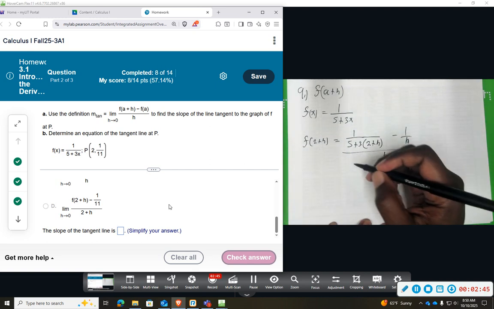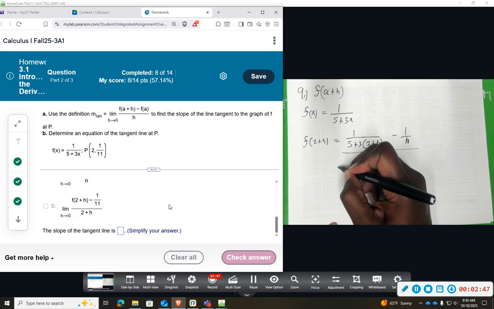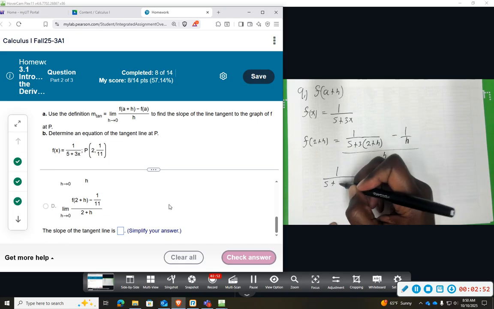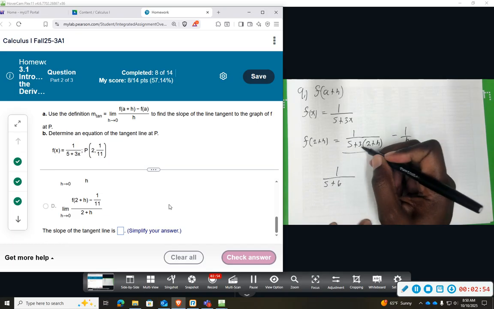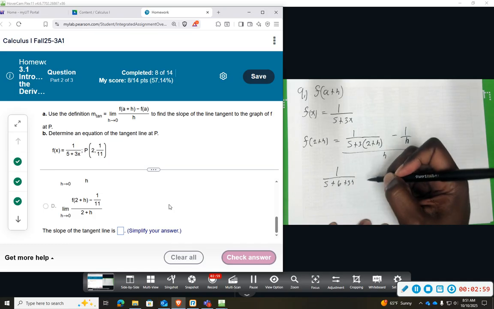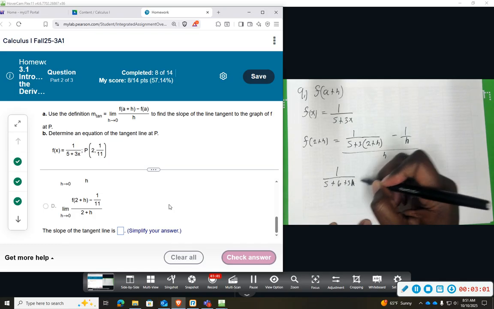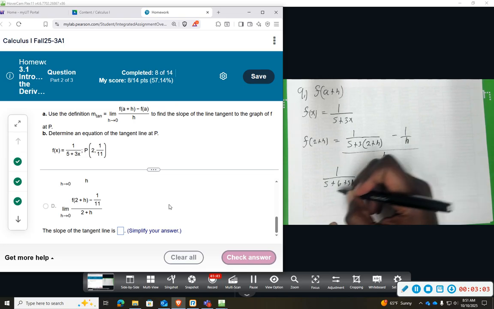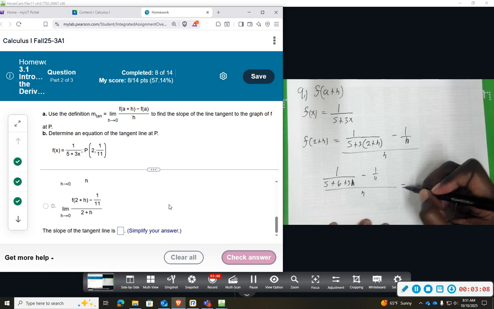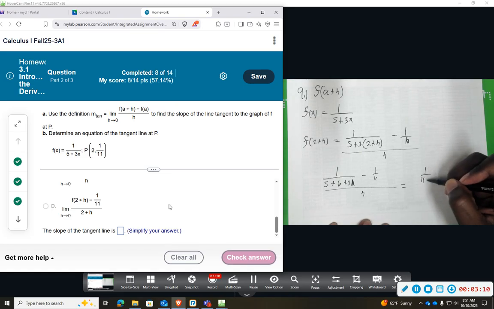So we'll distribute, and so we'll have 1 over 5 plus 3 times 2 is 6, 3 times h, 3h, minus 1 over 11, all over h. Okay, so 5 plus 6, that'll give us 1 over 11 plus 3h minus 1 over 11, all divided by h.